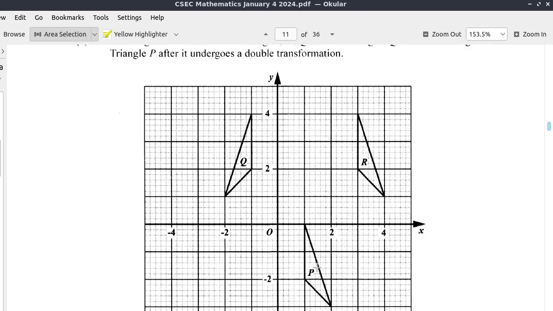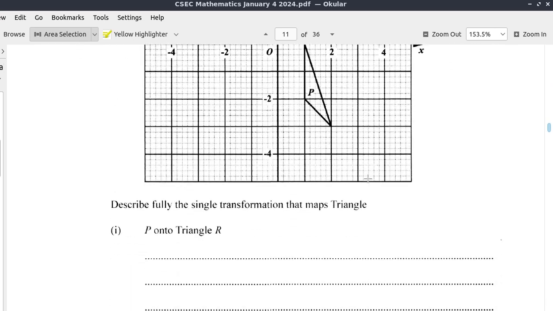So you go from P to Q to R. Describe fully the single transformation that maps triangle P onto R.